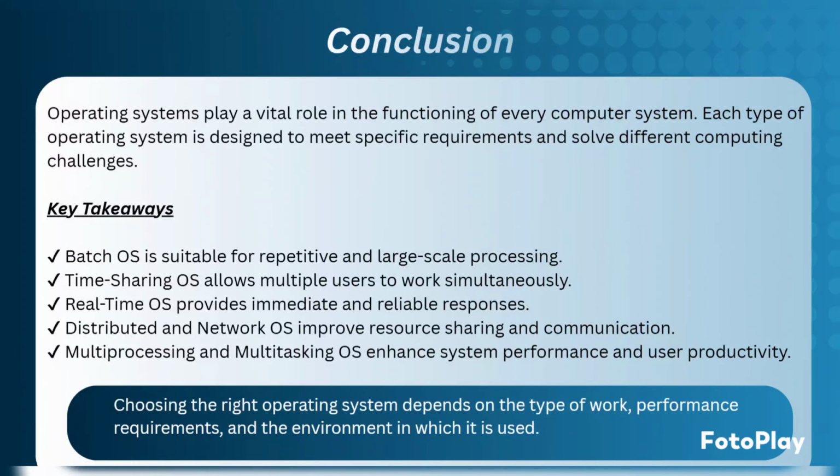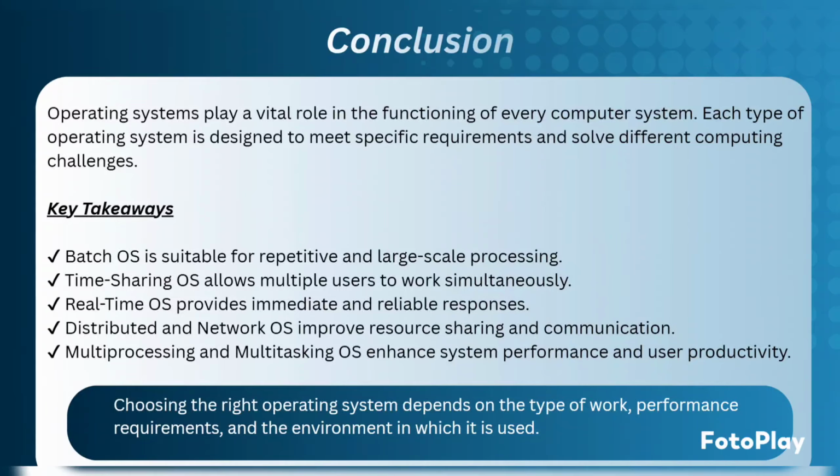Now, we have seen how operating systems are used in our daily life. Whenever we visit a bank and receive a monthly statement, batch operating systems help us to process a large number of transactions. In hospitals, doctors depend on real-time operating systems, and in universities, students depend on time-sharing operating systems. Many companies use network operating systems, and cloud servers use distributed operating systems.